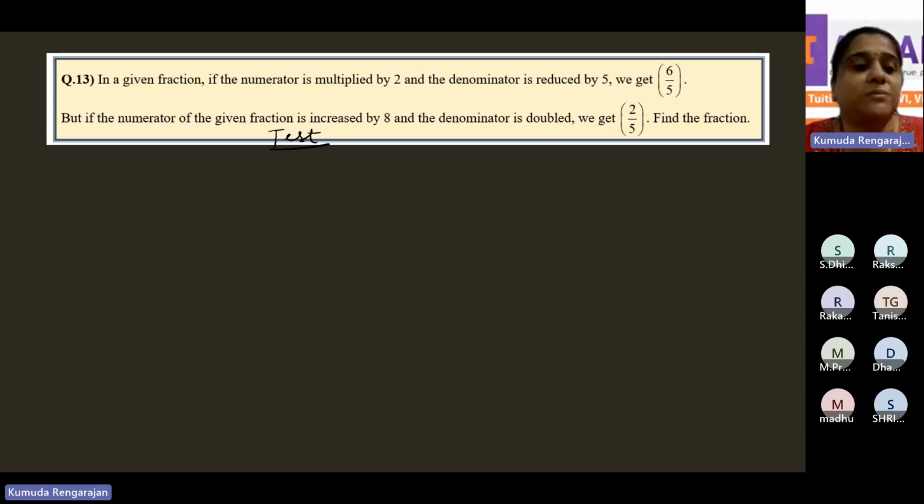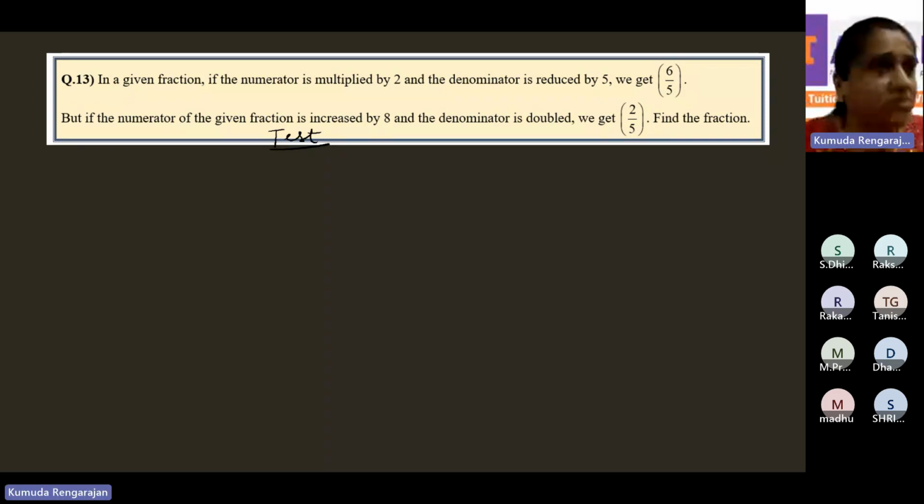But if the numerator of the given fraction is increased by 8 and the denominator is doubled, we get 2 by 5. Find the fraction.